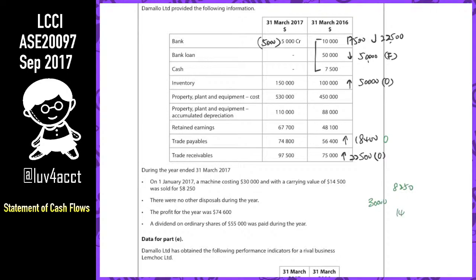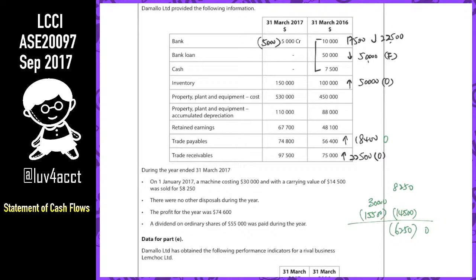The carrying value 14500. That will give you 15500 for the accumulated depreciation of disposed assets. And then you have 8250 minus this one. Okay, 6250 as the disposal loss to be put in the operating activities.